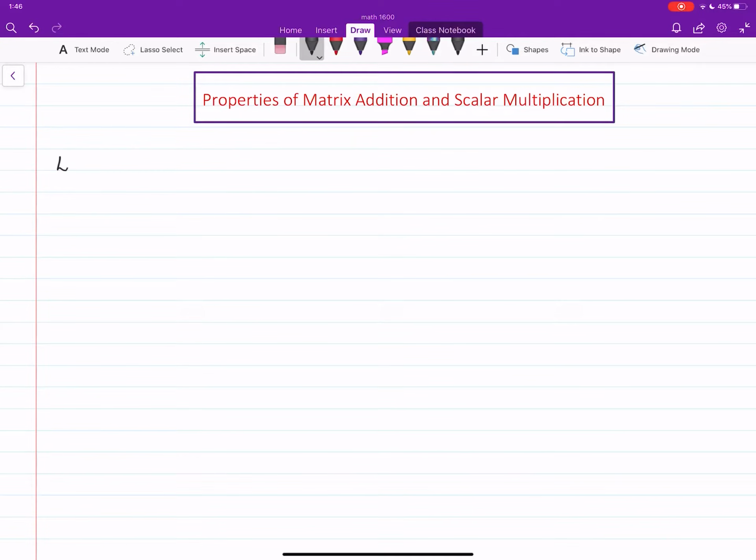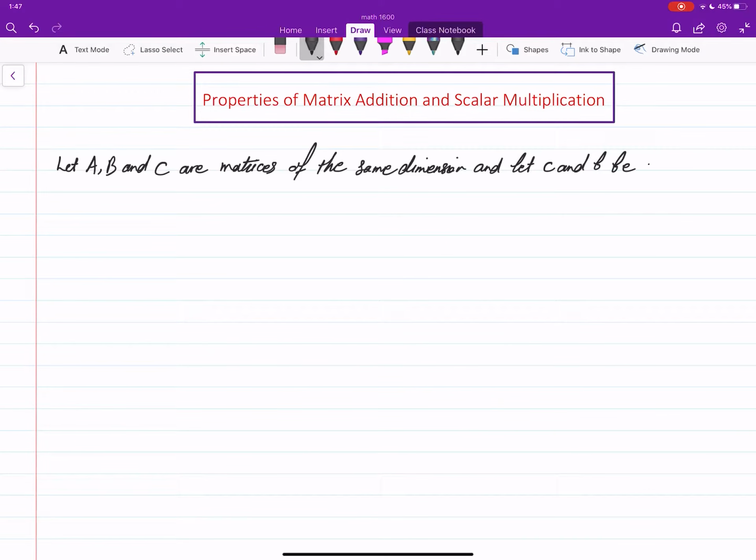Okay, let us start with the assumption: assuming that A, B, and C are matrices of the same dimensions, and also we have scalars, and let C and D be scalars.